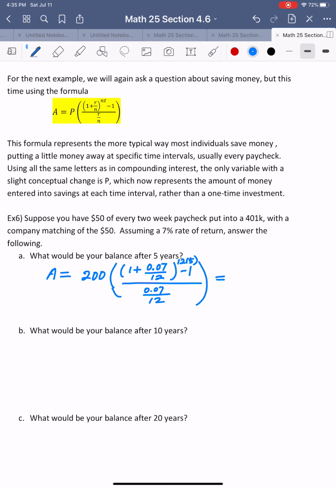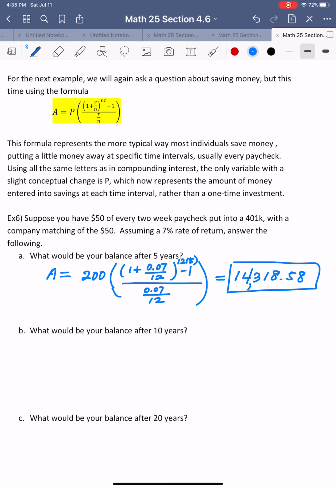Subtract 1, close, and divide by 0.07 divided by 12. It gives us, wow, that's a lot. Okay, so in 5 years, you get $14,318.58 from the 200 monthly.